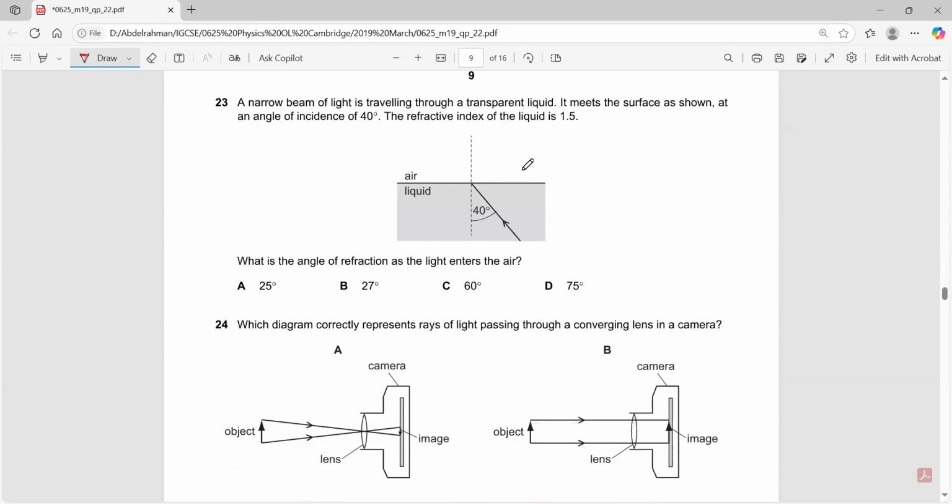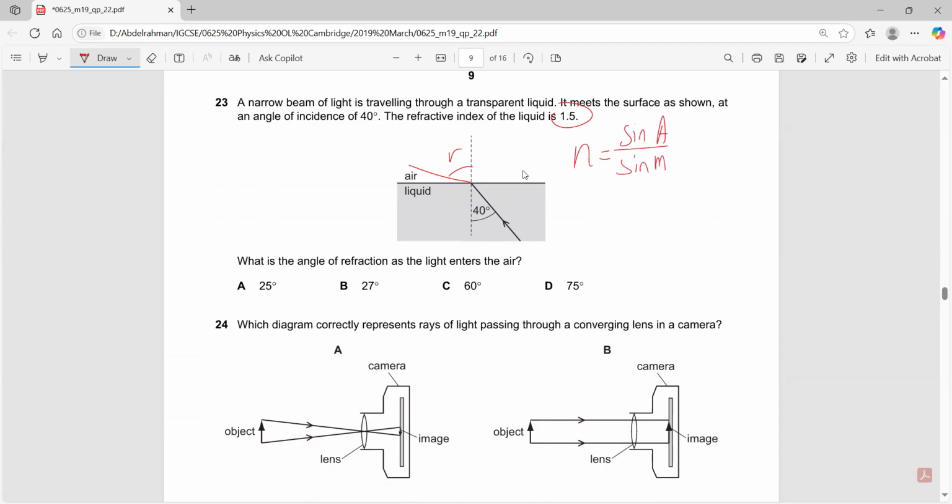A narrow beam of light is traveling through a transparent liquid. The refractive index is 1.5. What is the angle of refraction as it enters the air? Can I find the angle of refraction? Yes, if you have the refractive index, n equals sine air over sine medium.